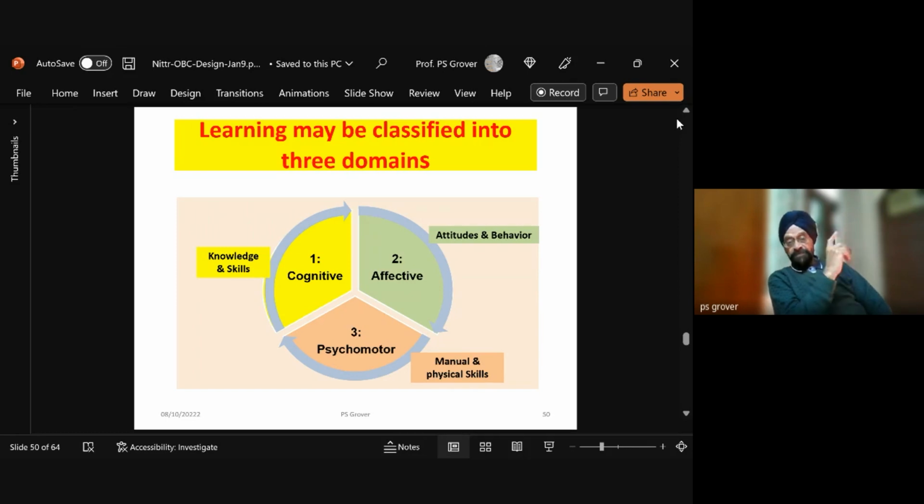Now, outcome based education says the holistic development of the student needs that we train, educate, and develop all his faculties, which are cognitive, affective, and psychomotor. And the curriculum that we design should incorporate how to train students on these things.